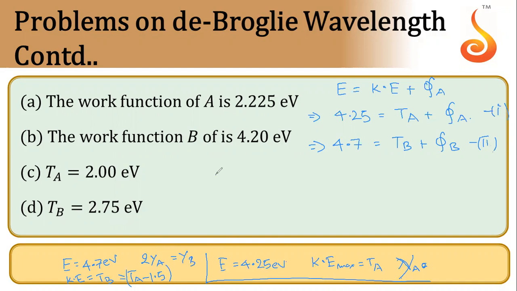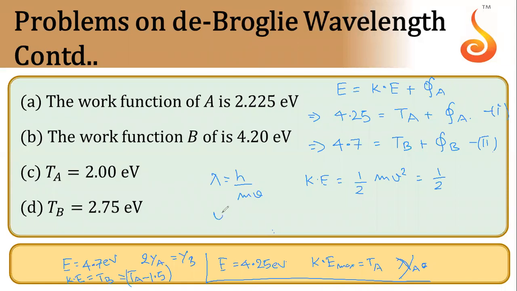Okay. So we know lambda is equal to h by mv and kinetic energy is half mv square. That is also equal to half, in place of mv, h by lambda. So we are going to substitute the value of velocity here.